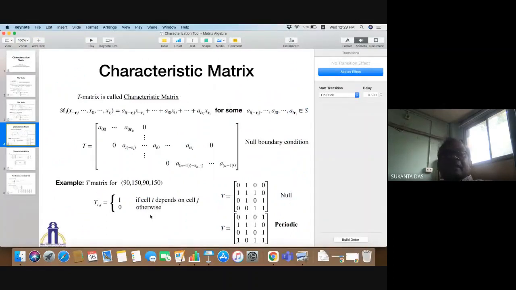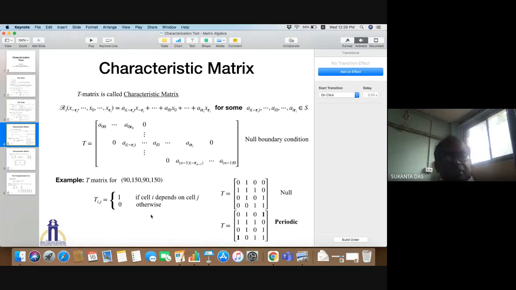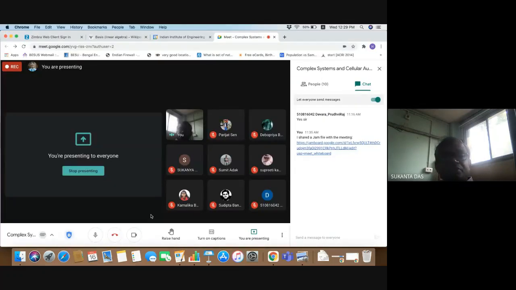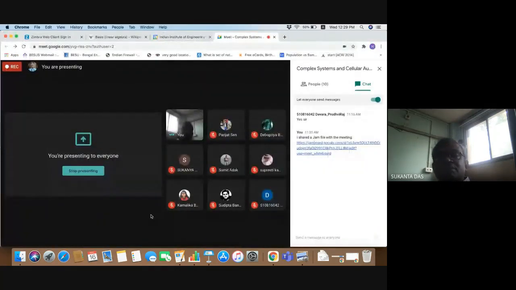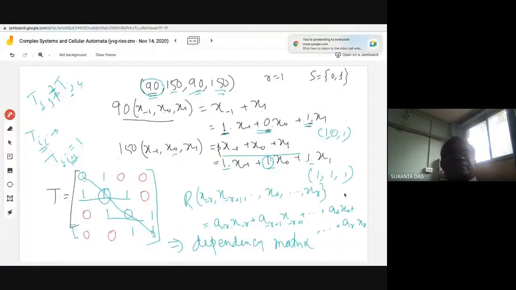Achha. So next, this is for the null boundary condition. It has some dependency on the boundary condition. In case of periodic boundary condition, the example I have shown here will be a bit different. This is for the null boundary case.